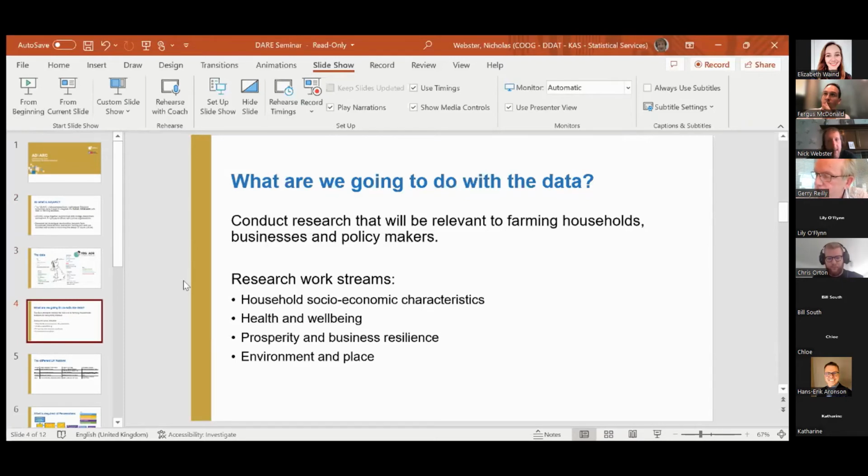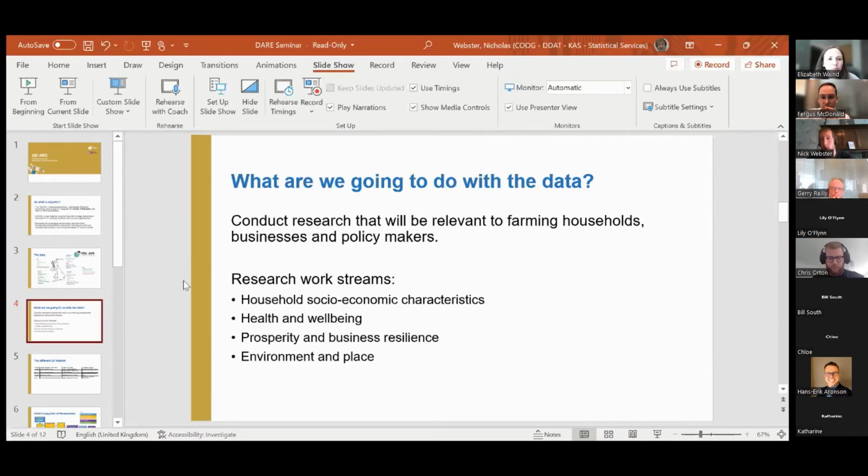What's the mental health like of farming households? Prosperity and business resilience. So if every farmer's married to a Fortune 500 CEO, farm subsidies probably aren't that important. But if that's the lifeblood of the business, we need to think really carefully about how we reformulate these policies after leaving the European Union.